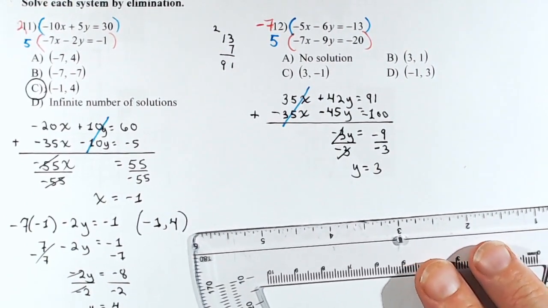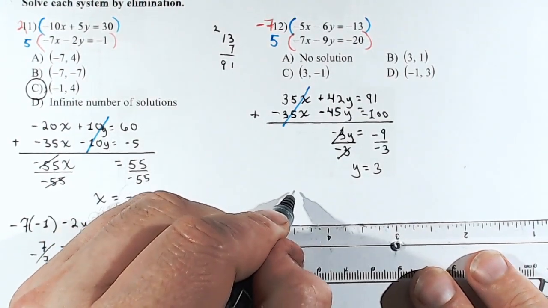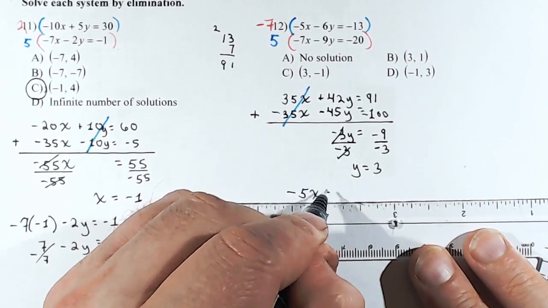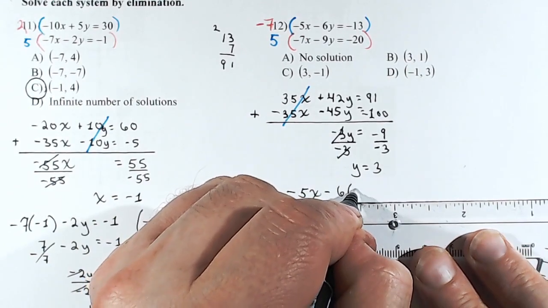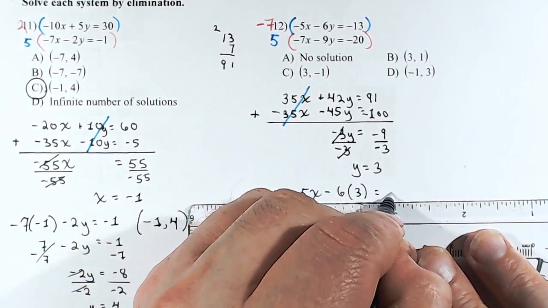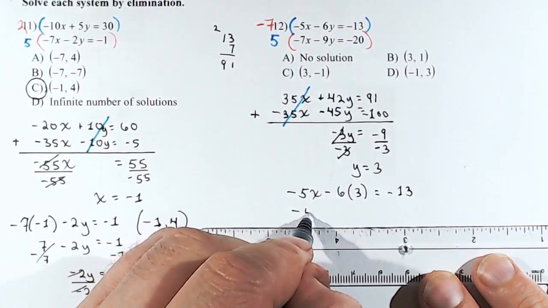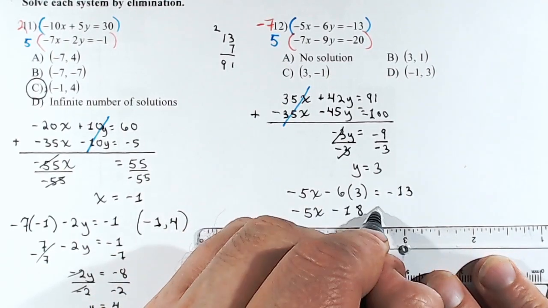We'll just substitute it back into either the top or the bottom equation. I want to work with the 13. So, well, it wouldn't really matter, would it? So we'll just do the top equation. So I'm going to substitute y in the top equation. Negative 5x minus 6, open parentheses, 3, close parentheses, equals negative 13. All right? Well, that's negative 5x minus 18 equals negative 13.